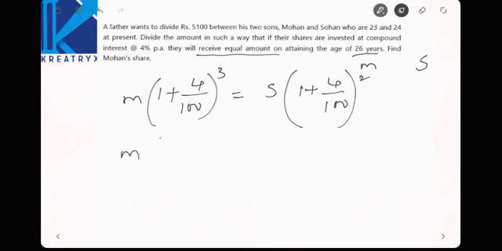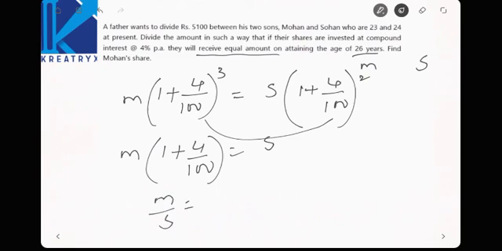m into a to the power of m divided by a to the power of n. This comes to this side. So totally this comes to how much? 4 by 100 is equal to s. Now that is nothing but m by s is equal to how much? 25 by 26.